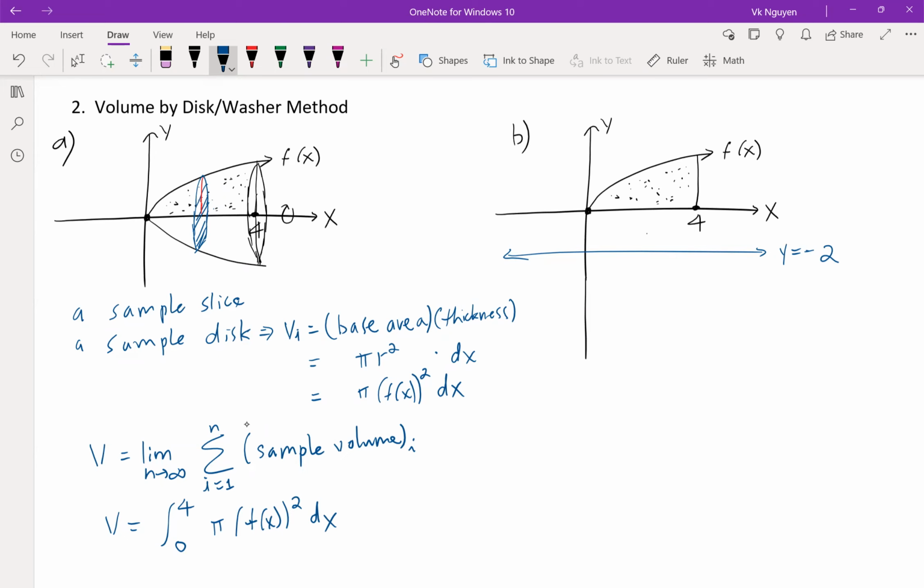Let's take a look at B. Same exact area. We just have to do a different kind of rotation. We're going to rotate about the line y equal to -2. And we're going to have something like this.